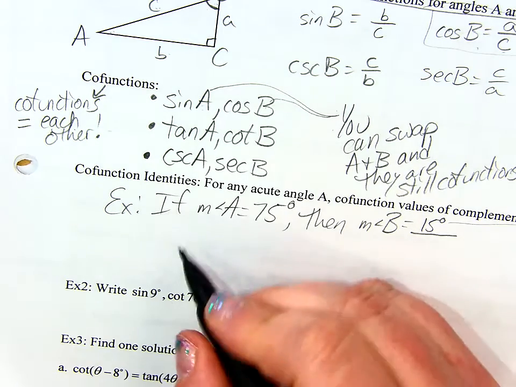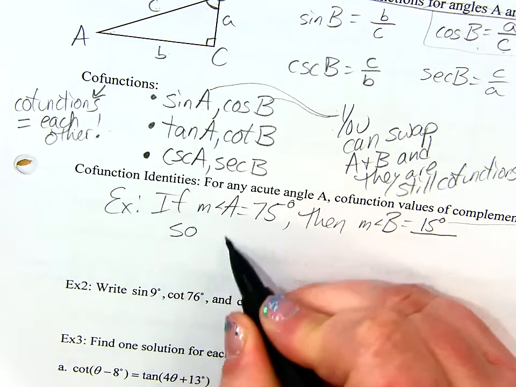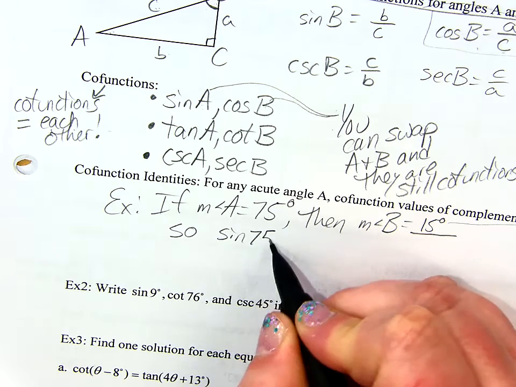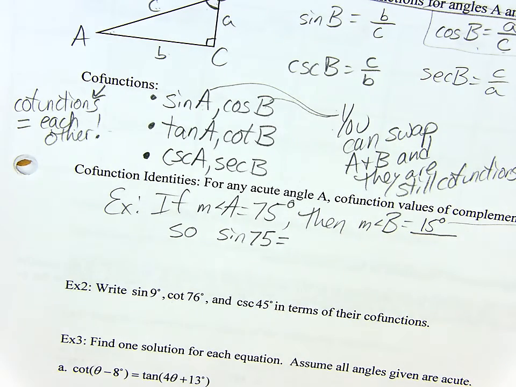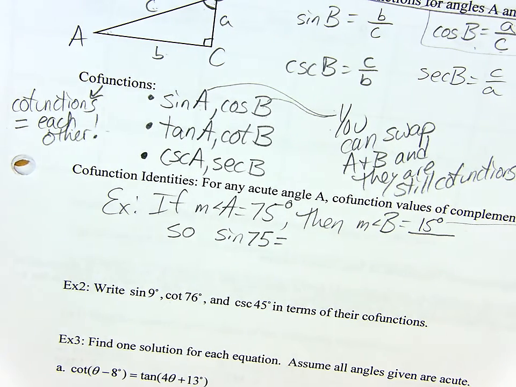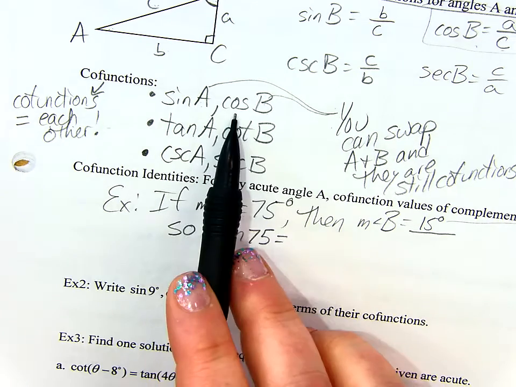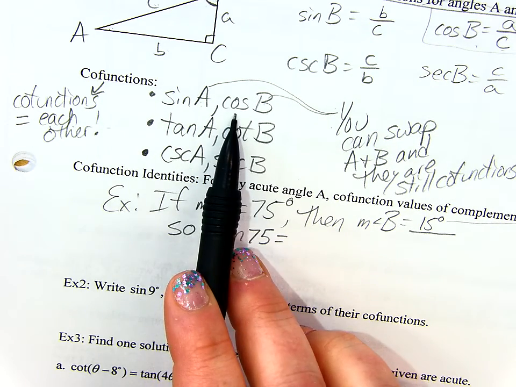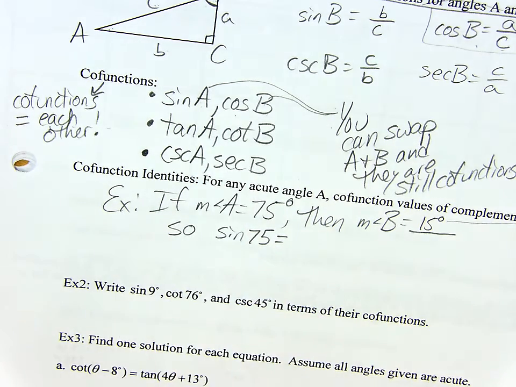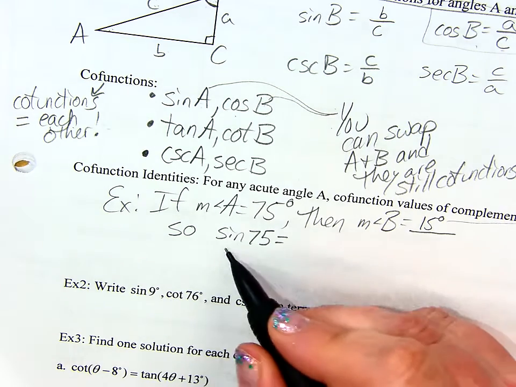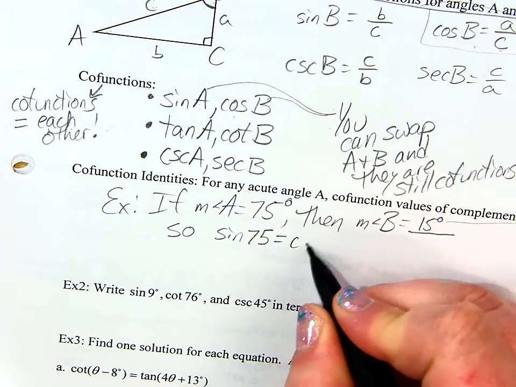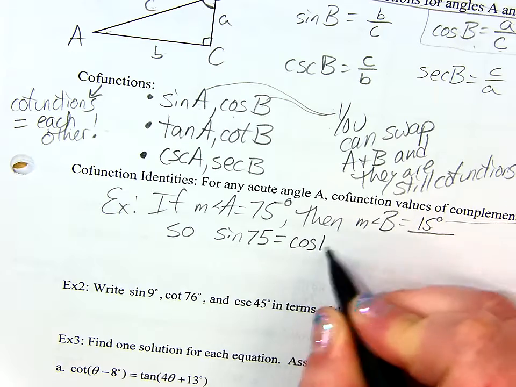So now I can say the sine of 75 must equal what? Who's the cofunction of sine? Okay, I'll do this one, then you try the next one. Sine of 75 has to equal the cosine of 15.